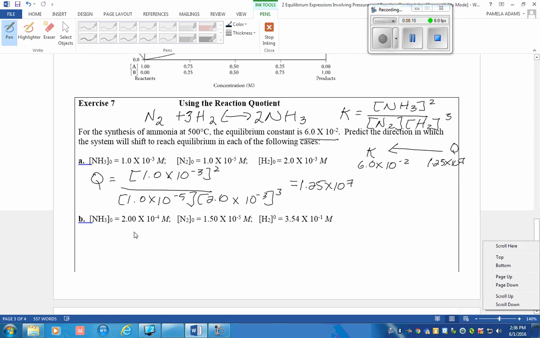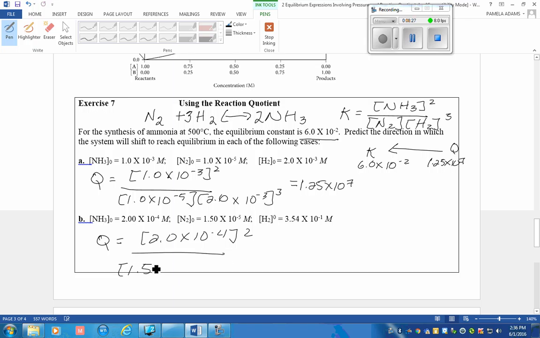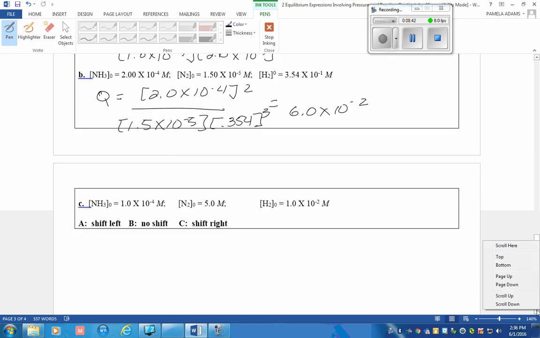Likewise, using the same process, we can find Q for the second set. When we do this, you will see that Q is equal to K. In this case, the concentrations that we were given are equilibrium concentrations. They are good to go. And for this last case, it says that we'll shift to the right.